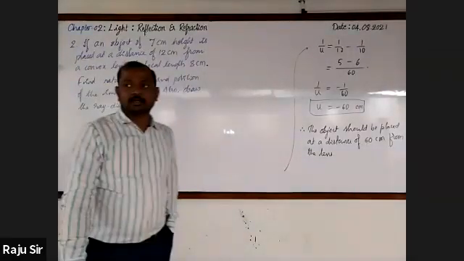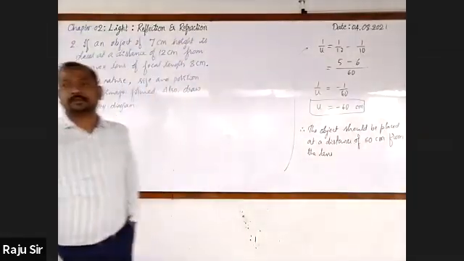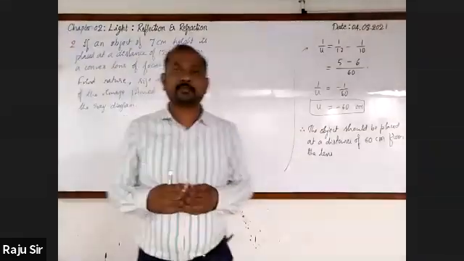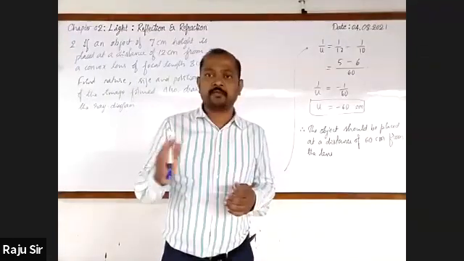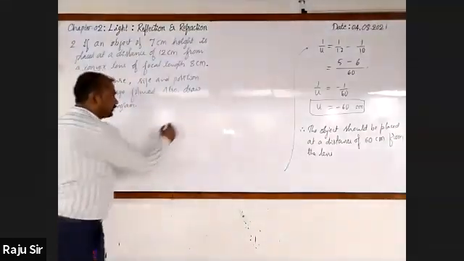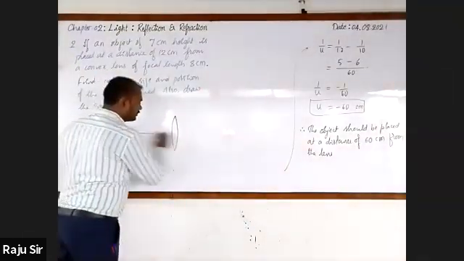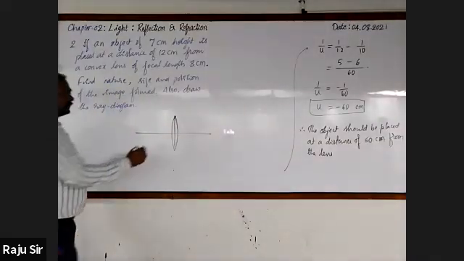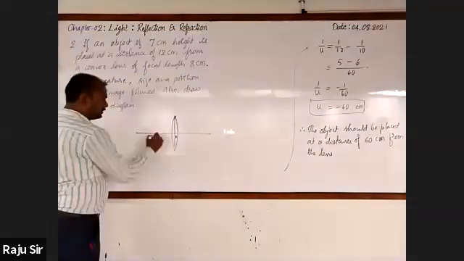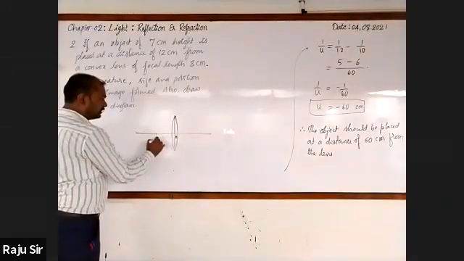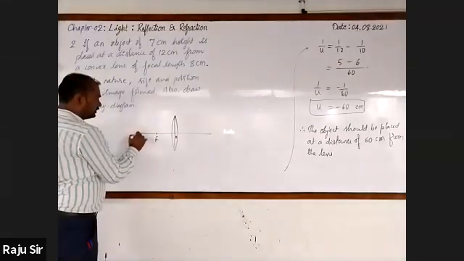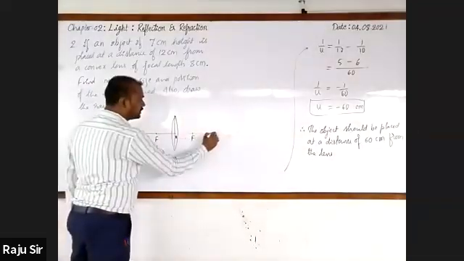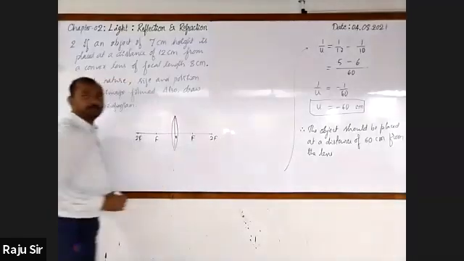Please don't go for calculation, just listen. What is the nature of the lens they have given? Convex lens. What is its focal length? 8 centimeter. Here it is optical center, this is principal focus, this is second principal focus, and here first principal focus, second principal focus.